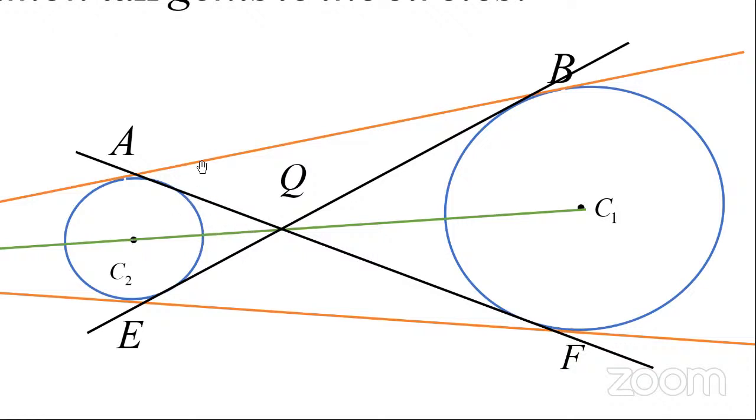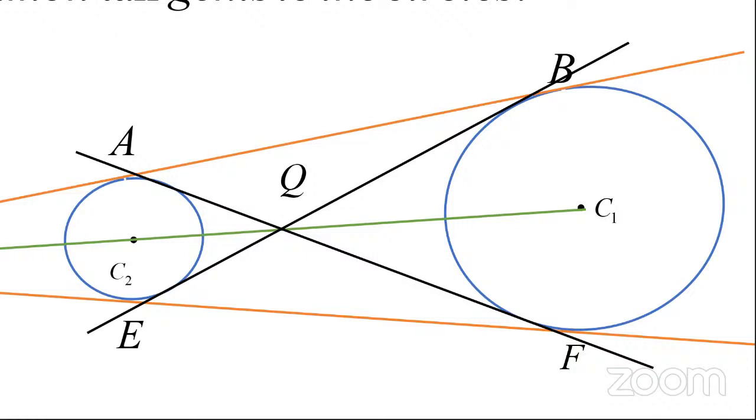Here these lines are common tangents. These brown lines and black lines are called common tangents. The black lines are called transverse common tangents, and the brown lines are called direct common tangents, DCT.